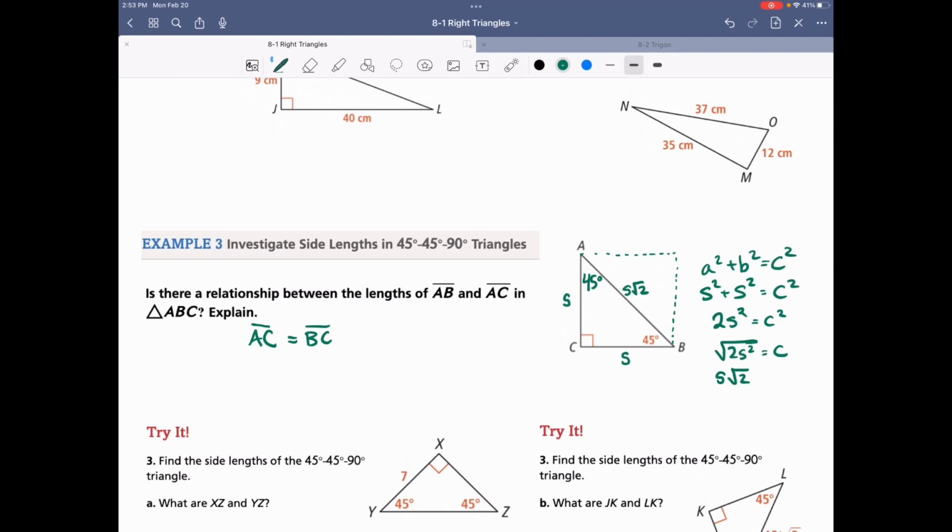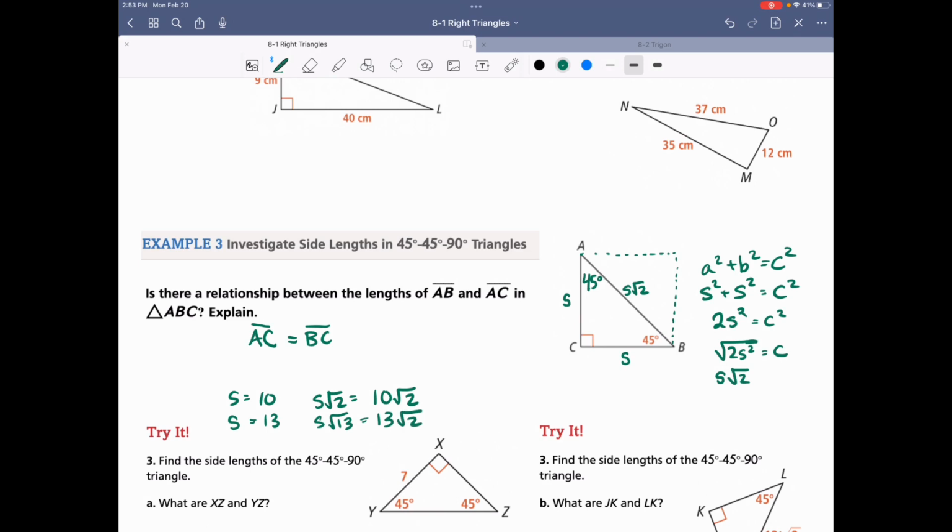Whatever the side is, so let's say like the side equaled 10, then the hypotenuse would equal s square root of 2, which would equal 10 square roots of 2. And same thing, like if you had a square with side 13, then the hypotenuse would be 13 square roots of 2.